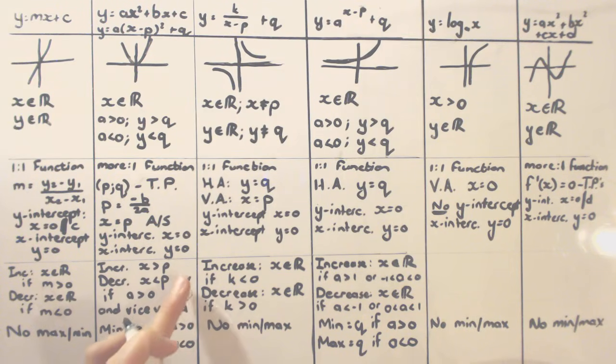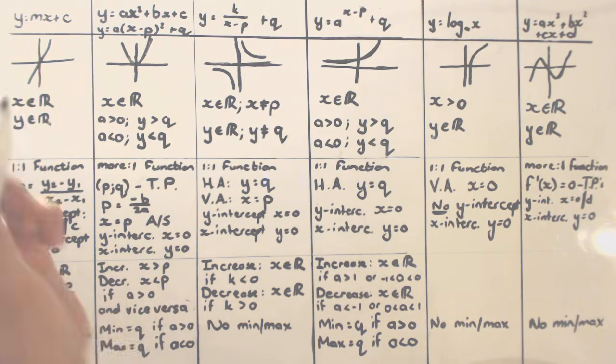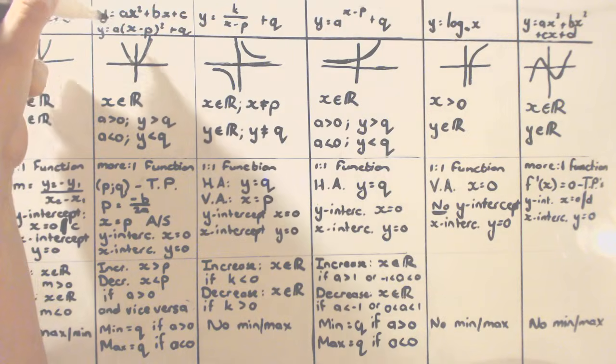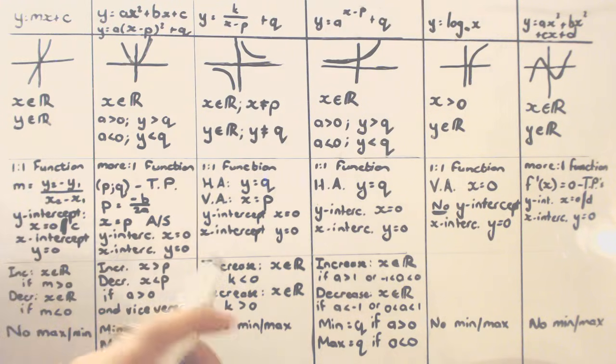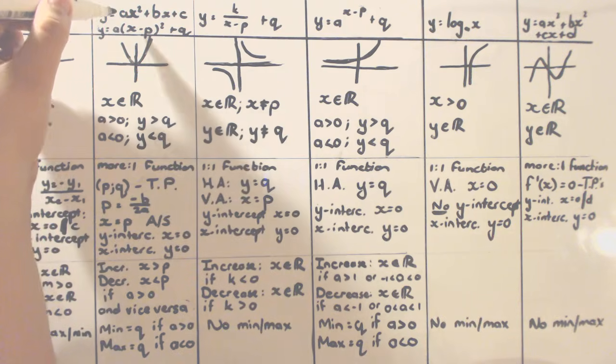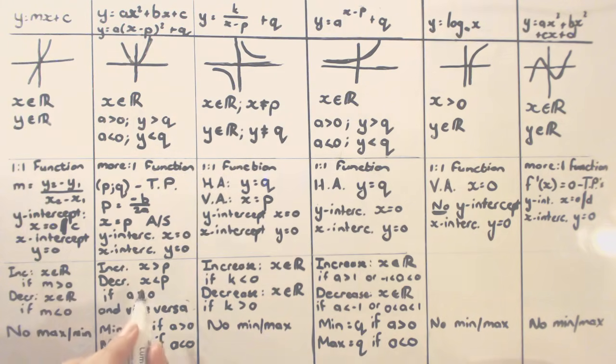So if you have a positive a value, if you have a smiley face graph, so that is a positive number there, 3 or 20 or whatever, then you will decrease for all of the values smaller than p and increase for the values bigger than p. And then vice versa.